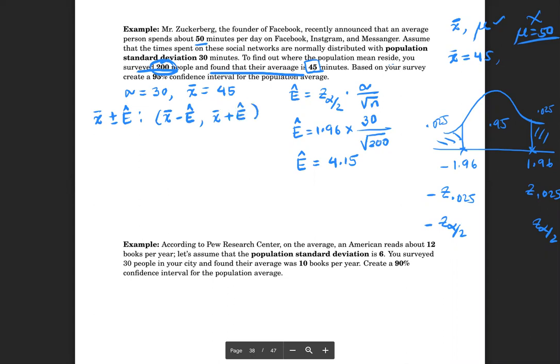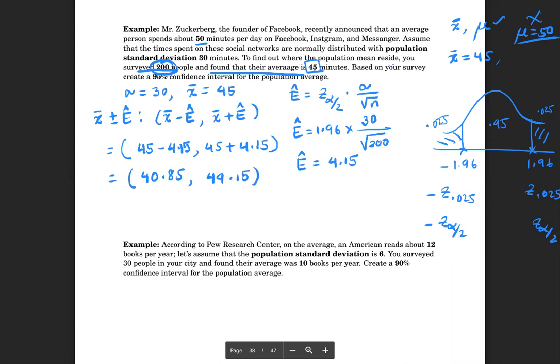X bar is 45, so 45 minus 4.15, comma, 45 plus 4.15. So 45 minus 4.15 is 40.85, comma, 49.15.